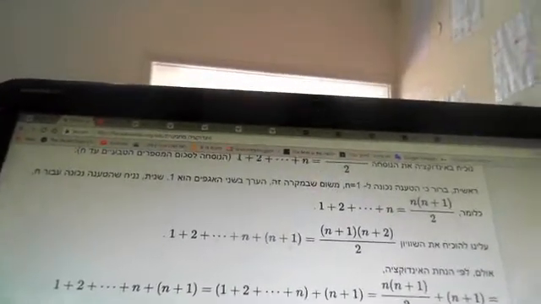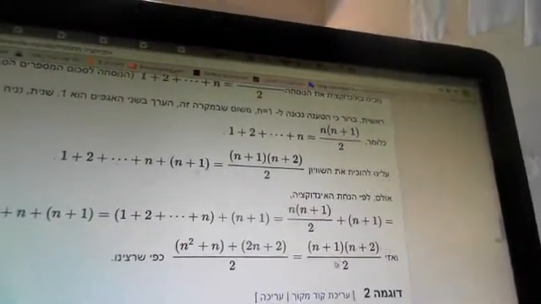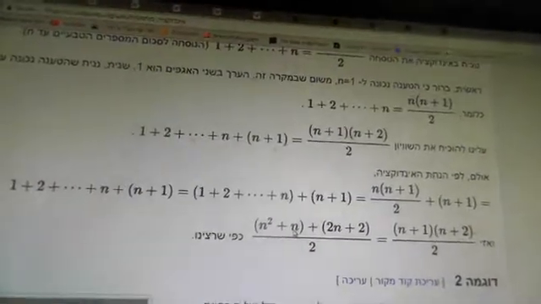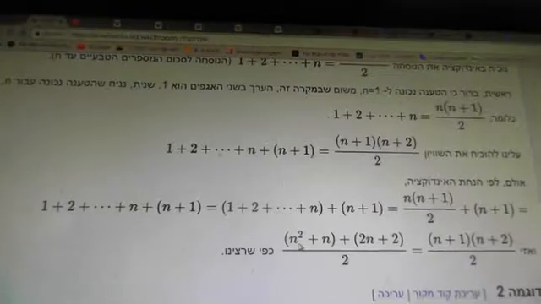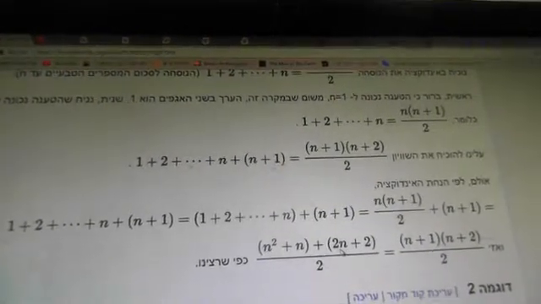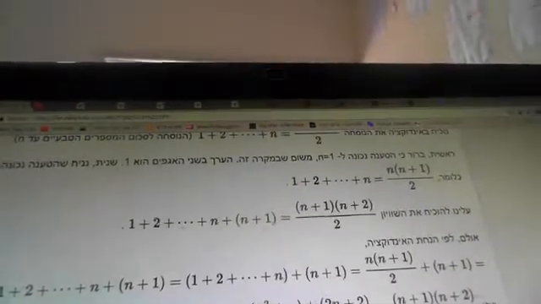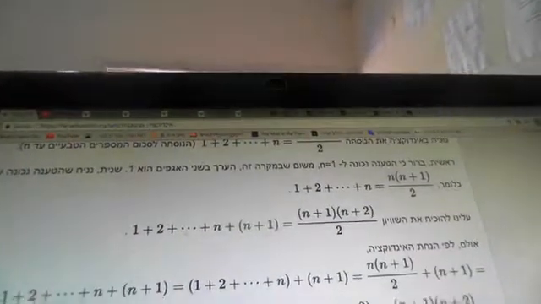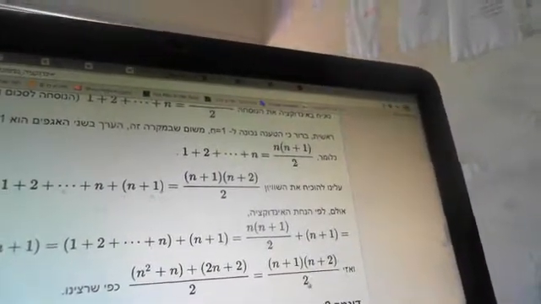Okay, and then it is very simple to get the last pairs. n square plus n, if we take n outside, we get n times the brackets n plus 1, and if we take 2 outside, 2n plus 2 is 2 brackets n plus 1, and then in total we have n plus 1 multiplied by n plus 2, and all is divided by 2.